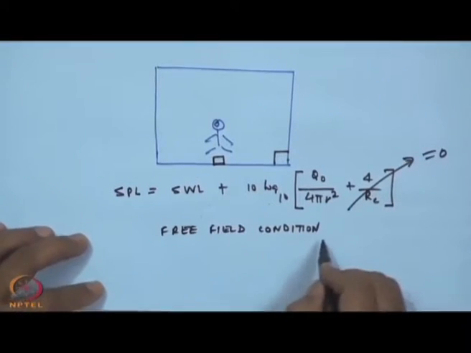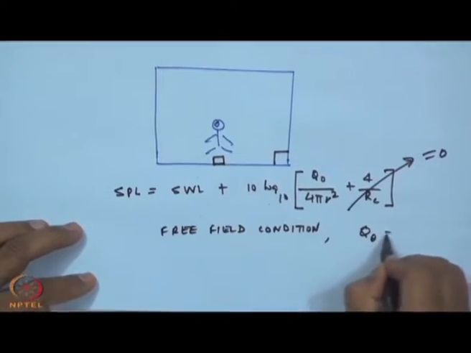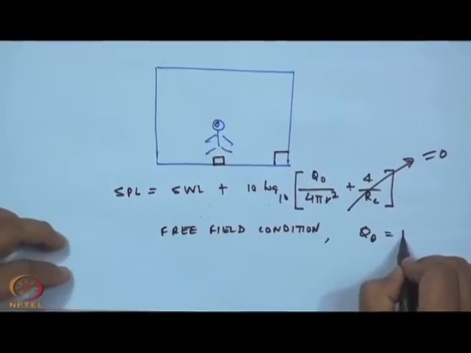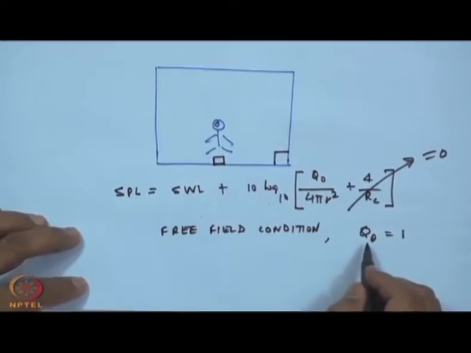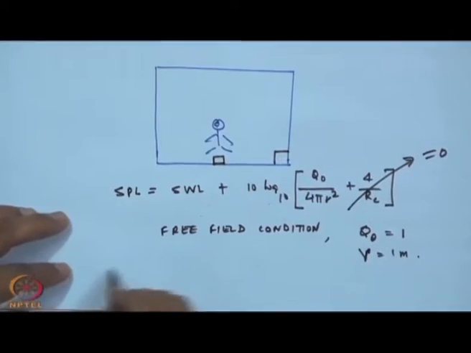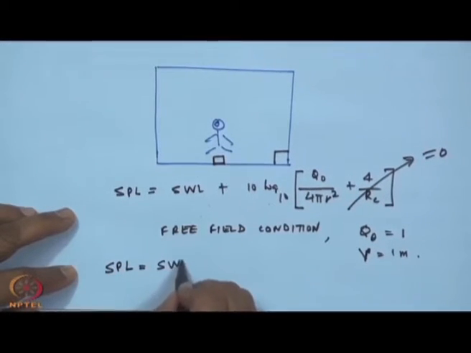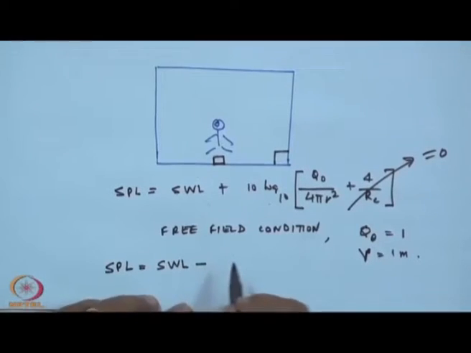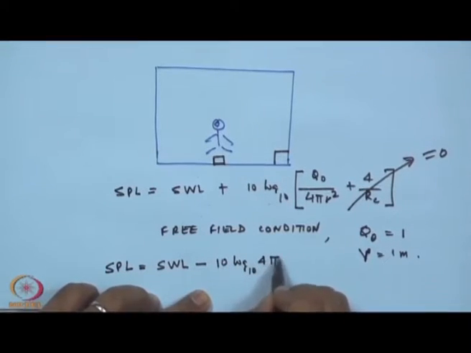In the center of the room q theta will be equal to 1, and at a distance r equal to 1 meter, my expression will come to SPL is equal to SWL minus 10 log 10 of 4 pi.